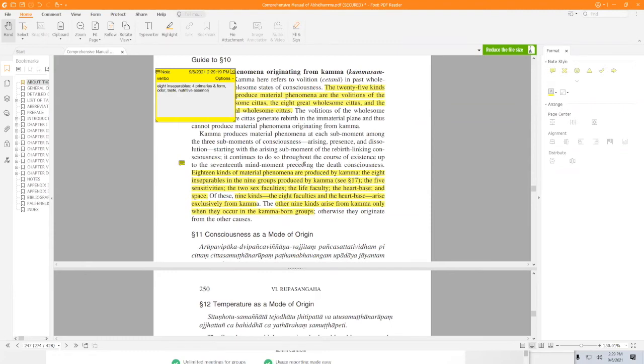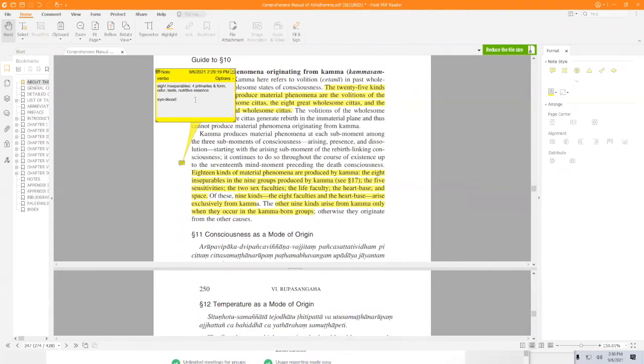The material phenomena always occur in groups. And one group is called the eye decad. It's a group of 10 material phenomena, in which the most prominent one is the eye faculty.